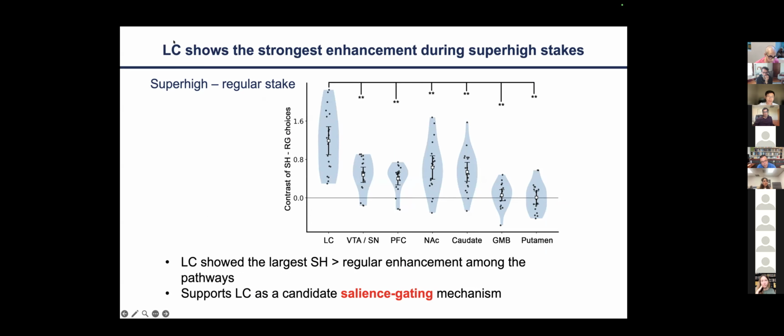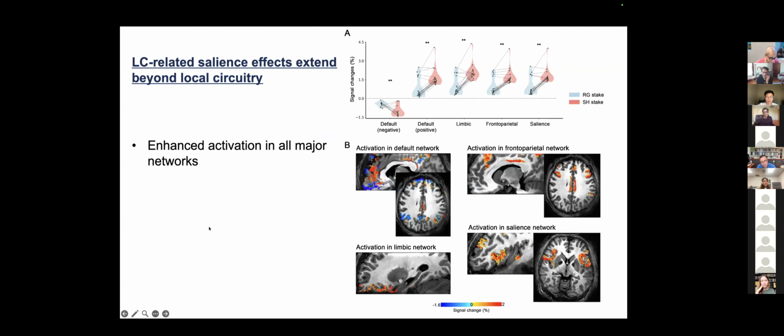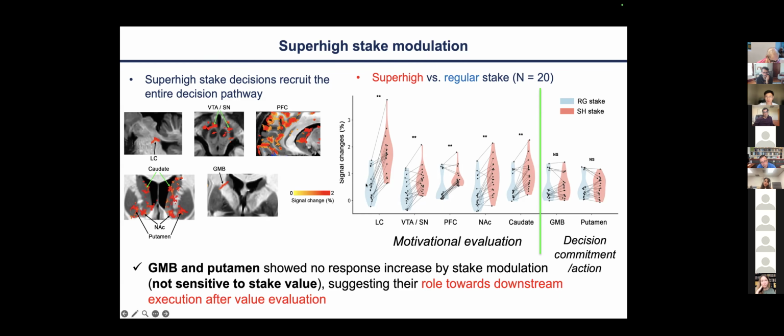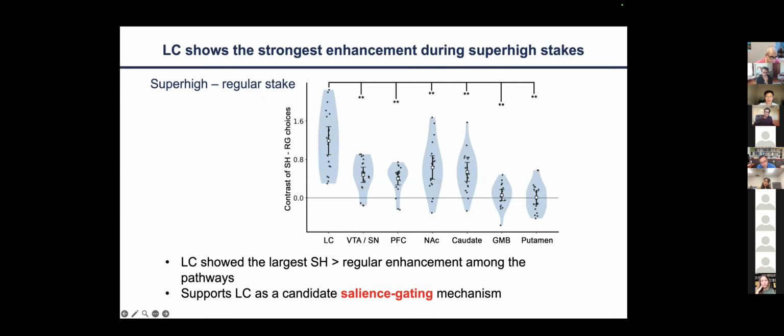Second, from the previous slides, if we take the difference between different stakes, the contrast of super high minus regular stake, you can plot the stake sensitivity across different ROIs. We find that LC basically shows the largest super high stake enhancement among the whole pathway.